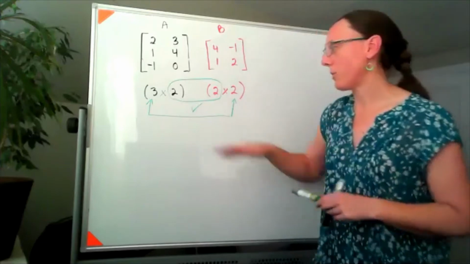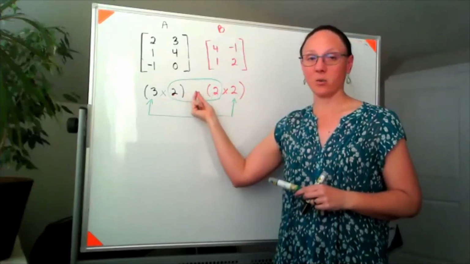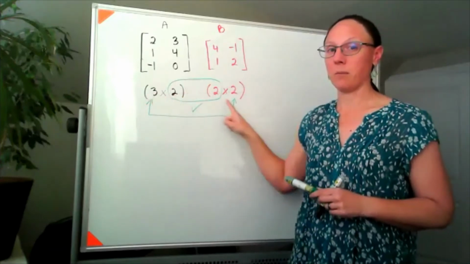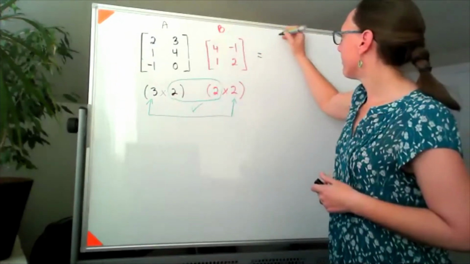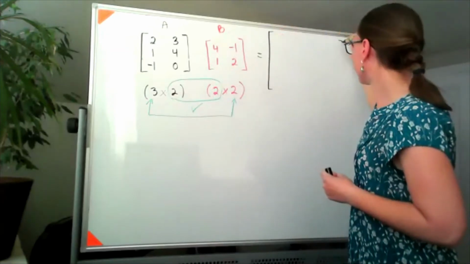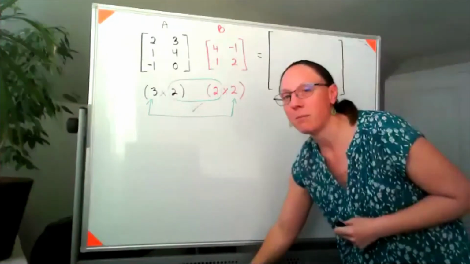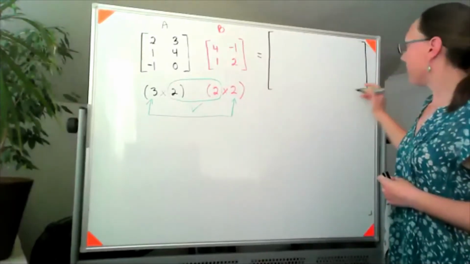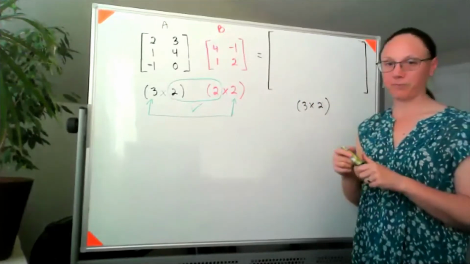So when I multiply a 3 by 2 times a 2 by 2, I check that these 2's that are next to each other are the same. They are. And now I know the answer is going to be a 3 by 2. I'm giving myself lots of space for a reason.